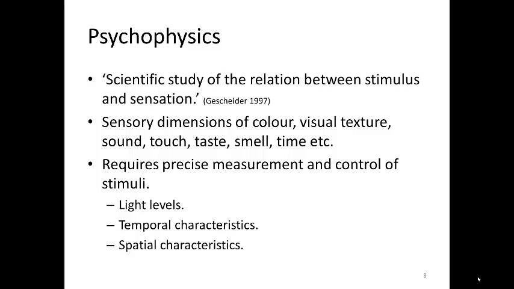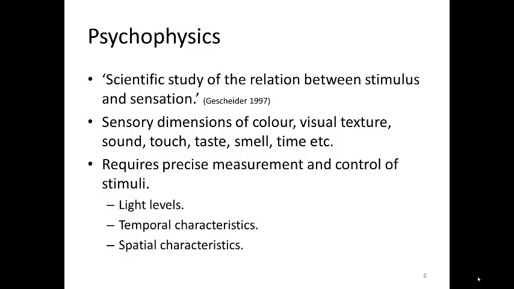So if you're taking a psychophysical approach to your geovisualization, for instance, you would want to make sure that everything is controlled very carefully, because the idea is that quite small changes can have quite big effects. So it might be that you want people to evaluate your visualization and you set them up in a room, and the room has got different light levels at different times of the day.